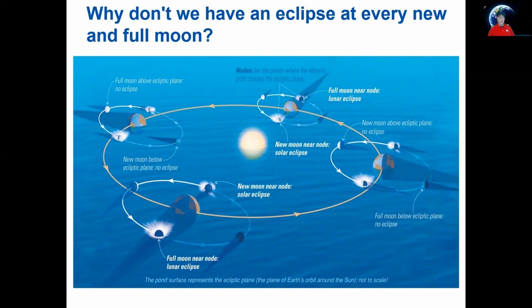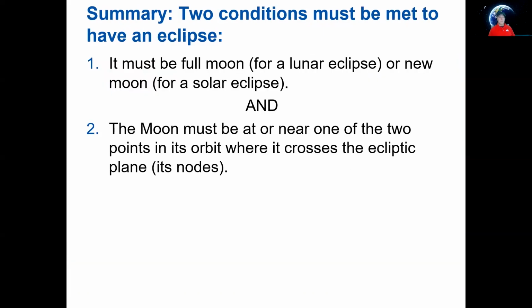If a full or new moon happens when the moon is above or below the ecliptic plane, no eclipses take place. In summary, for an eclipse to happen, these two conditions need to be met. The moon must be in its new phase or full phase, and the moon must be at or near the line connecting its two nodes.